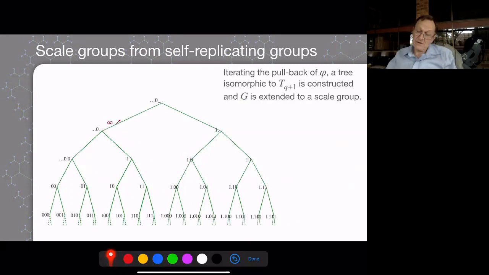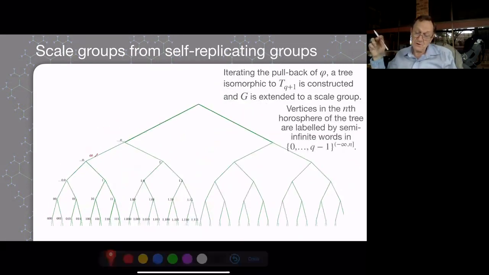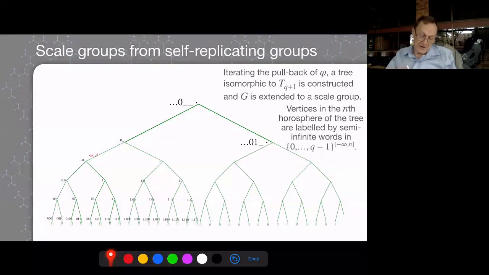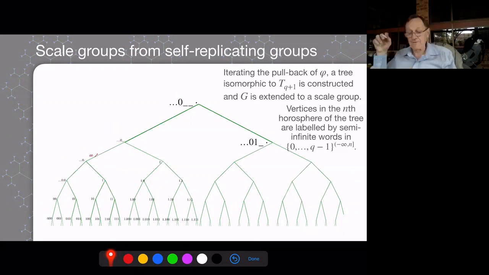Okay, so we iterate this now to produce our regular tree. So if we do this twice, we now get a larger tree. Here is our original rooted tree. We've now embedded it 2 levels down into a rooted tree, and we label the vertices we've added by infinite strings. Now this root is going to be a string of zeros and then 2 spaces before the dot.